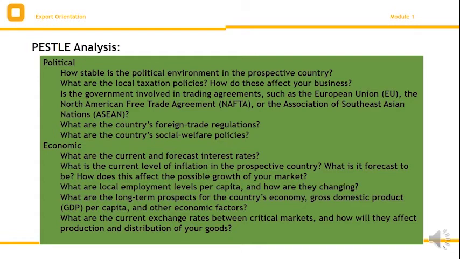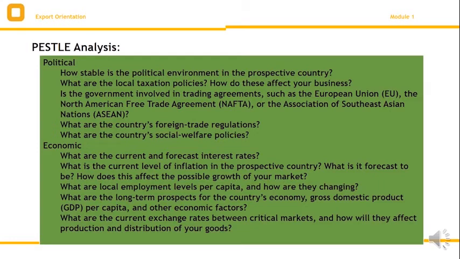When it comes to the economic environment, you need to analyze the economic environment of the country. So you need to analyze all factors that relate to the economy. You need to look at things like the interest rates that they're charging. You need to look at the level of inflation in that country. You need to look at the possible growth rates of the market.